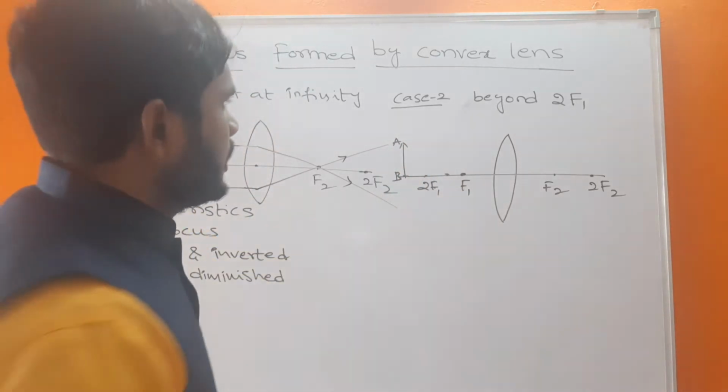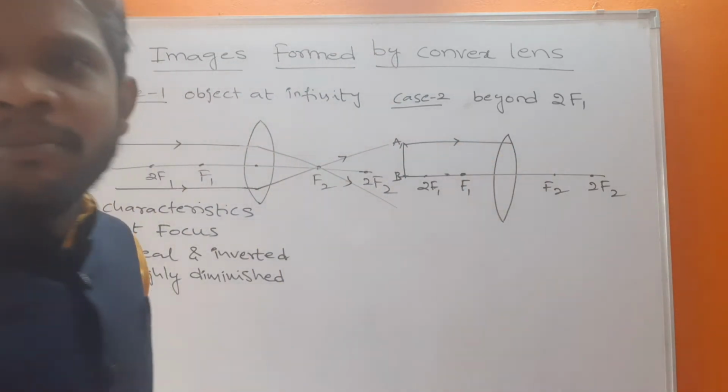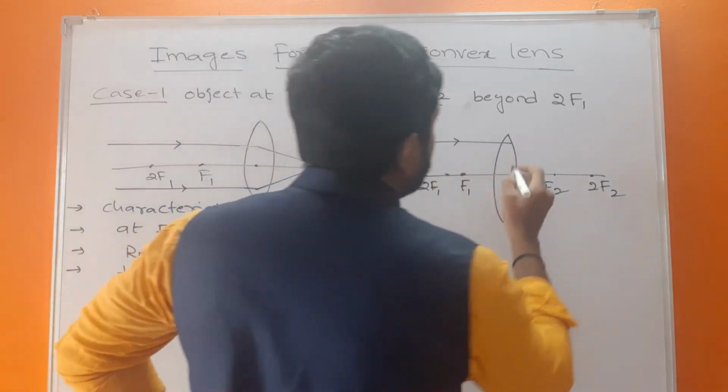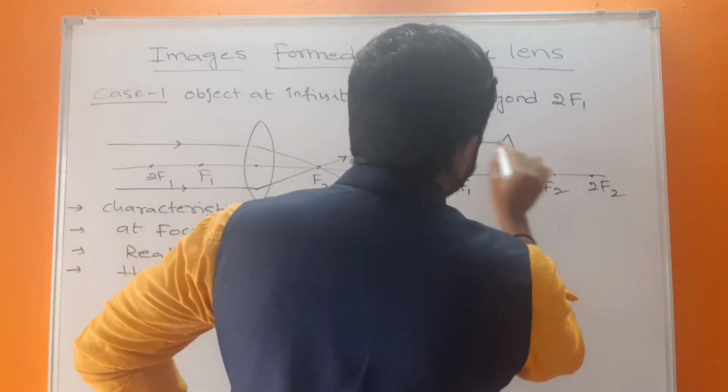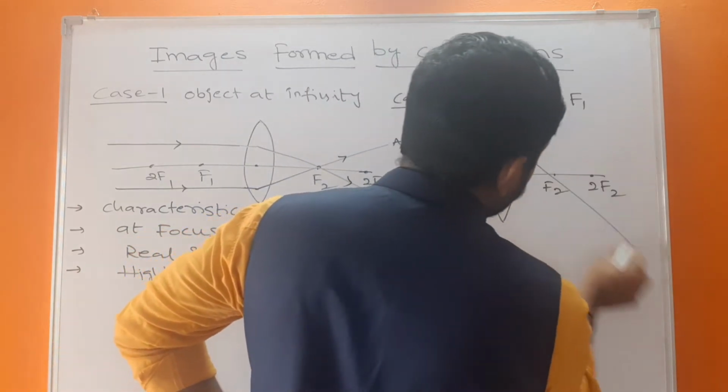Here the number of rays required to get an image is 2. The incident ray parallel to the principal axis passes through the focus.